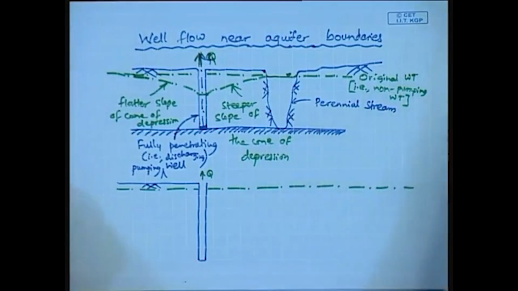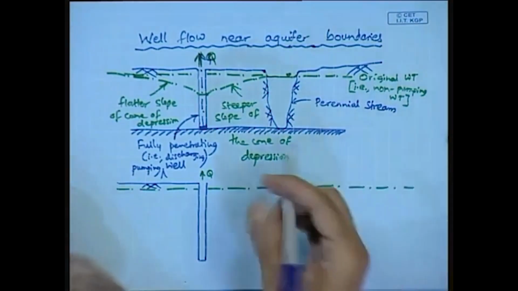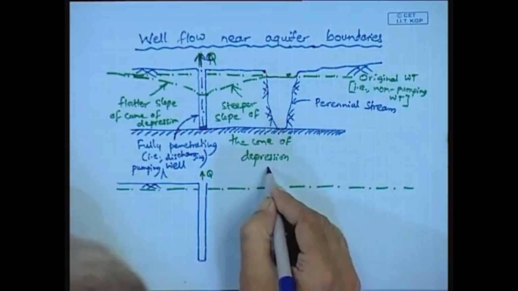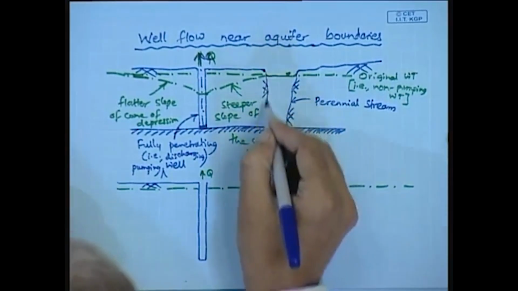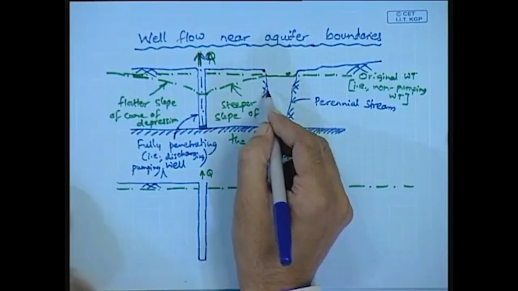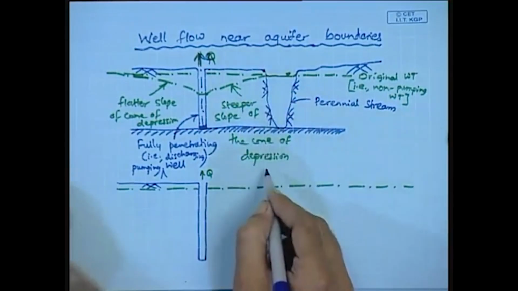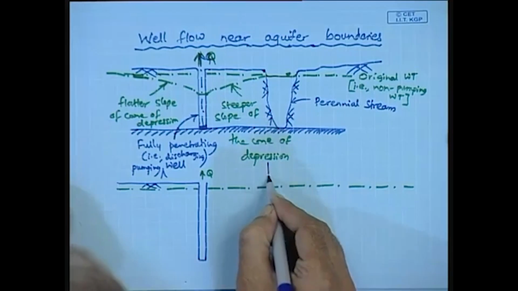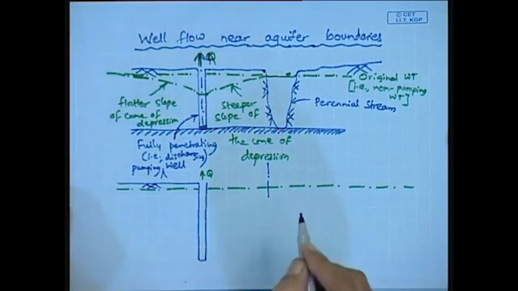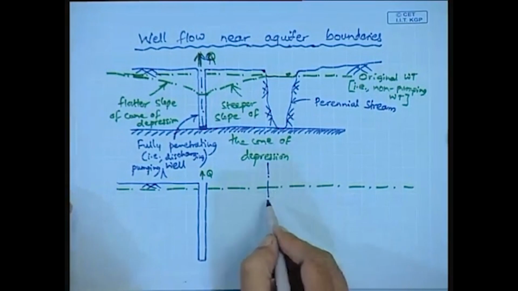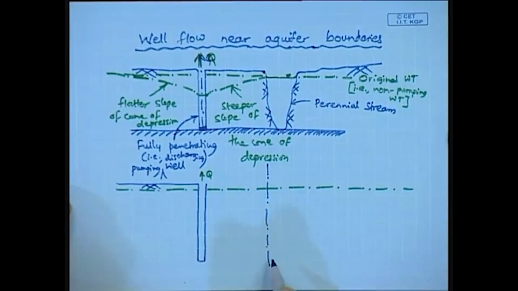Suppose we replace the near bank of the perennial stream by a barrier.